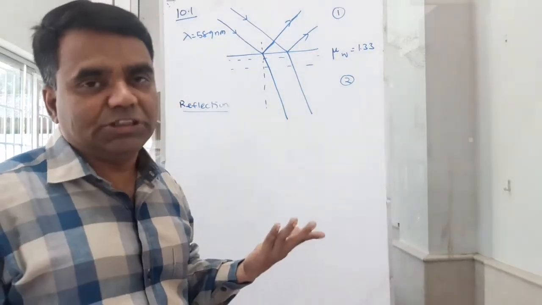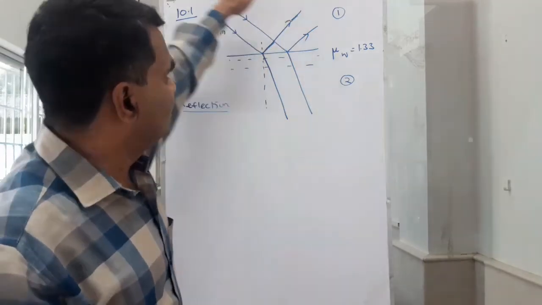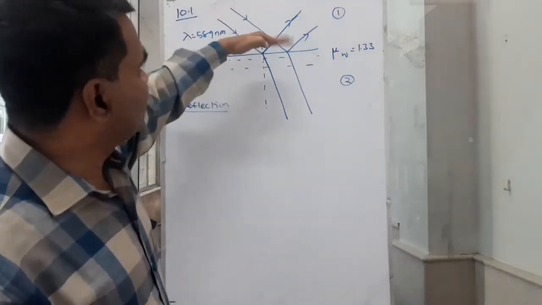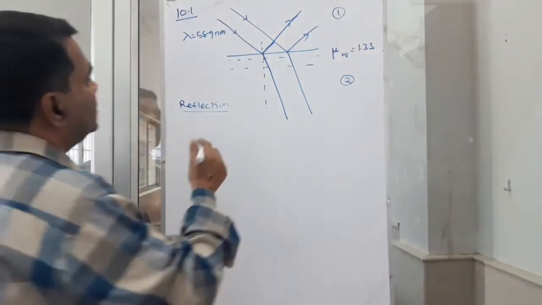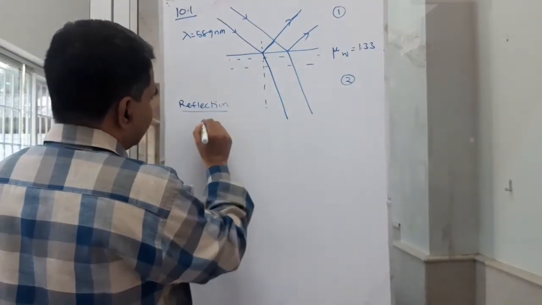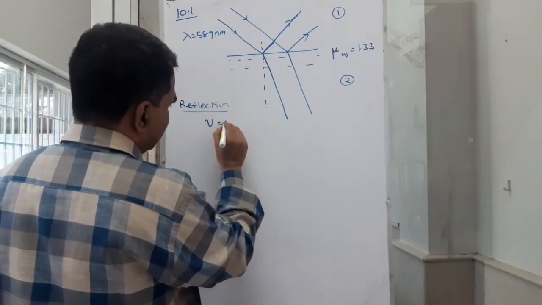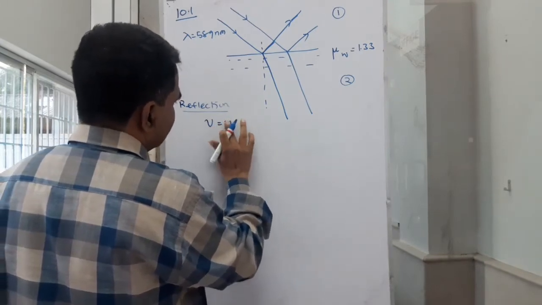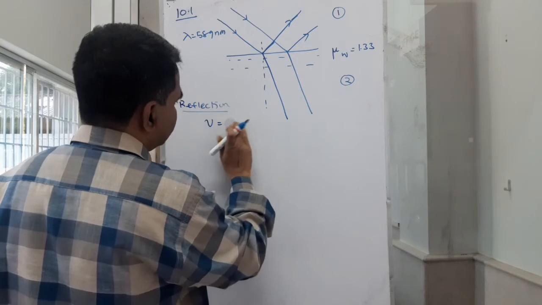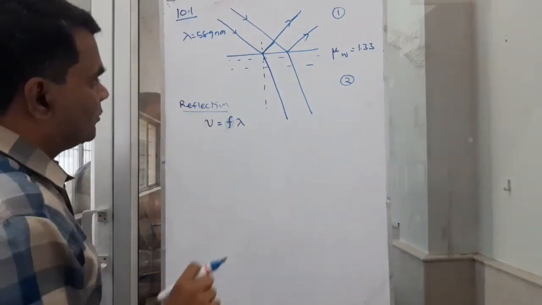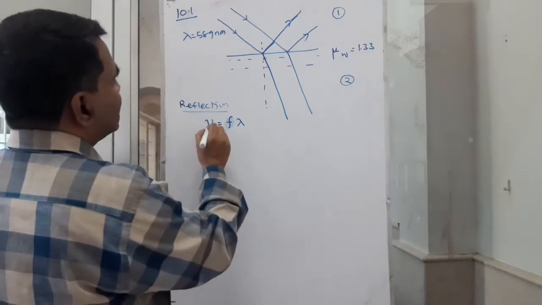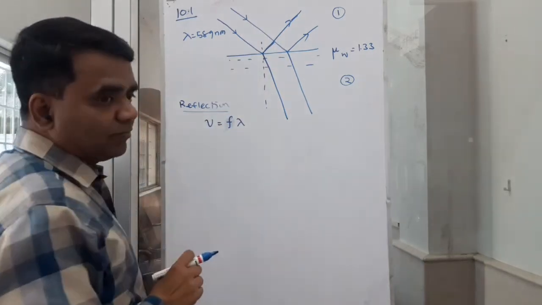The speed will not change, because they are traveling in the same medium. When it gets reflected, the wave is traveling in the same medium, which is medium 1. So you know that V, the speed, is equal to f lambda, right? So V will remain the same.